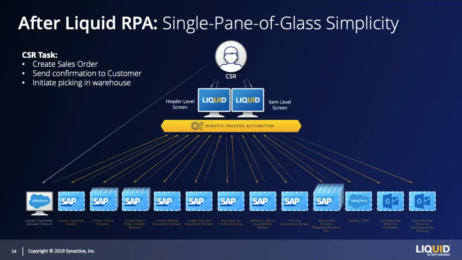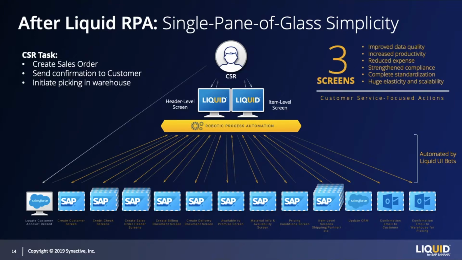Well, all of that manual search, copy, paste, send action can actually be outsourced to Liquid UI bots, which aggregate and process all of the appropriate data and then present it to the user on a single pane of glass. So no more complex navigation or manual calculation is required in this process. The CSR can, in turn, focus on providing a delightful customer service experience.